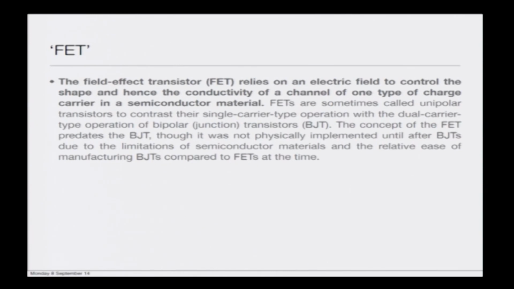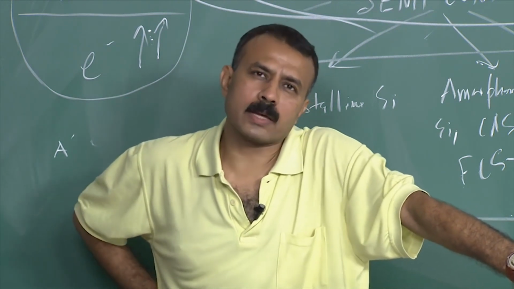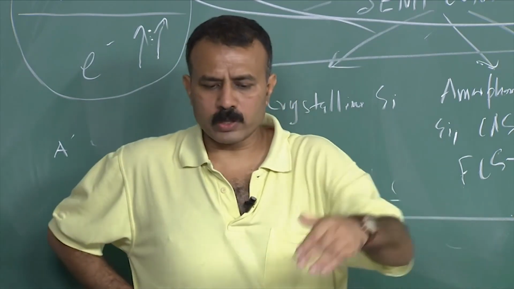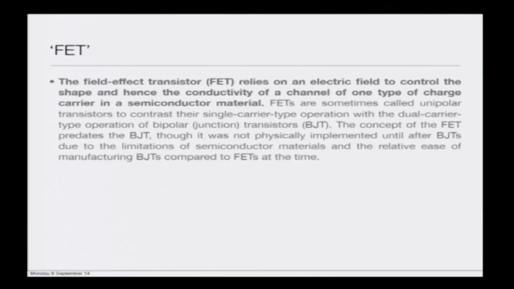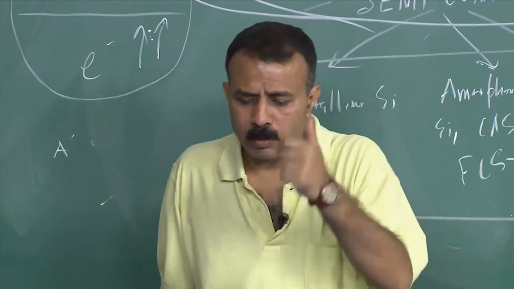Just for your understanding, the discovery of FET is much before the discovery of crystalline silicon semiconductor devices. As we go through the history, you will observe that the discovery took place somewhere in the 1930s, and much before that there were actually patents. So, coming back, FETs are sometimes called unipolar transistors, in contrast to the dual carrier type operation of bipolar junction transistors, also called BJTs.